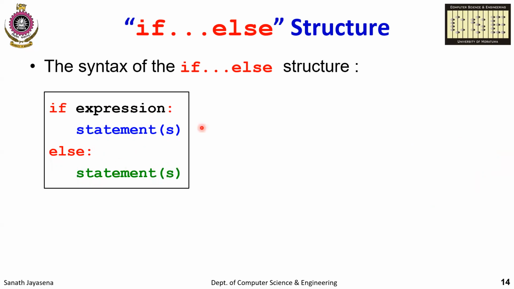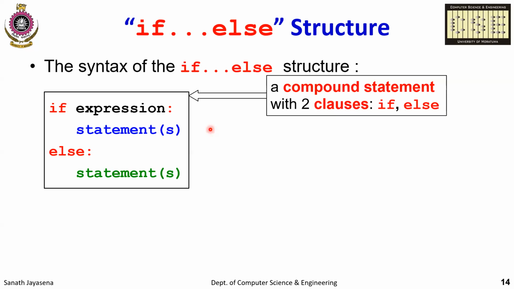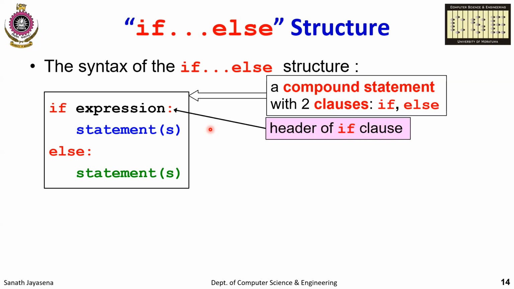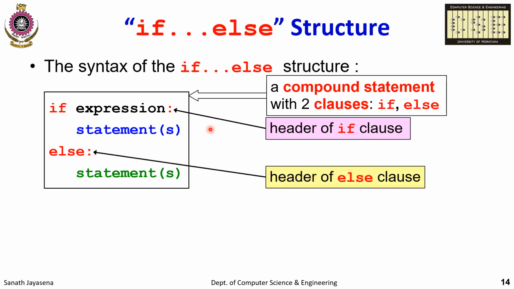Again, the whole thing together, if-else, is a compound statement. This time we have two clauses: the if clause and the else clause. The header of the if clause is as you can see here, and header means the top part. The header of the else clause has the else and a colon.